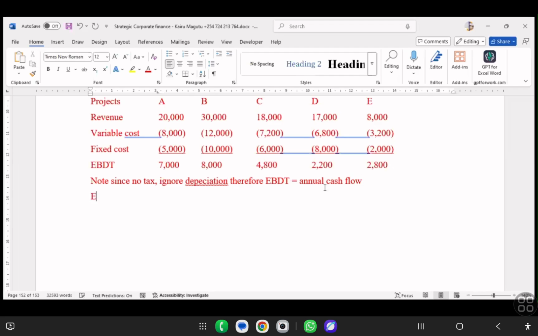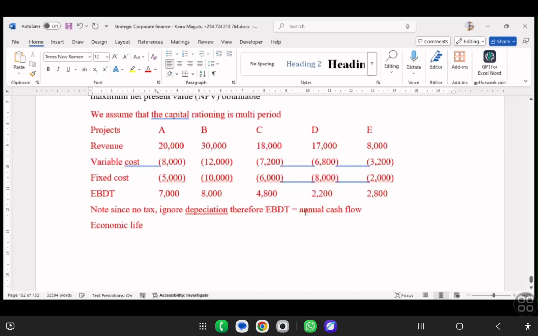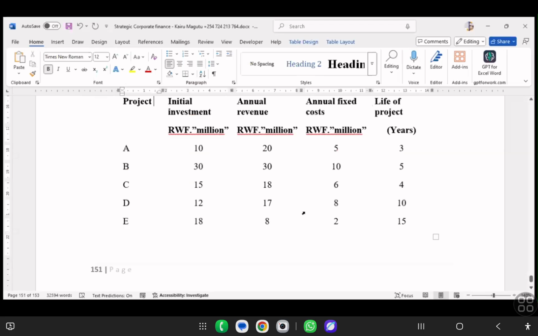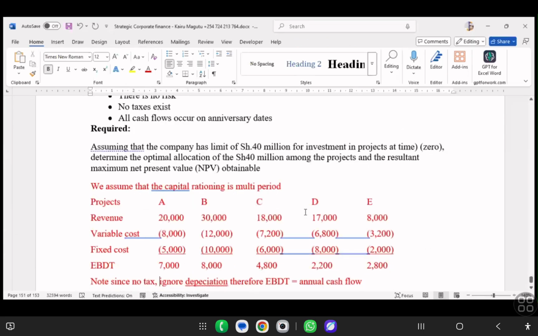Then we have the economic life. Economic life for each of the projects is given in the question. For project 1, we are given 3, 5, 4, 10, 15.